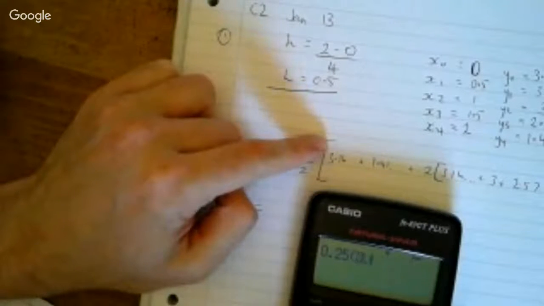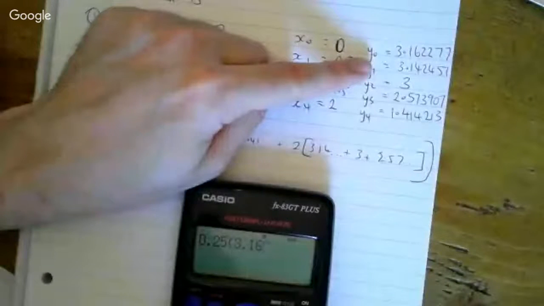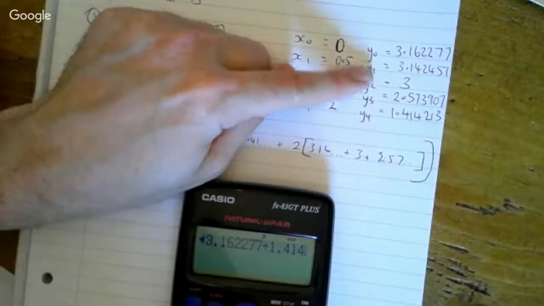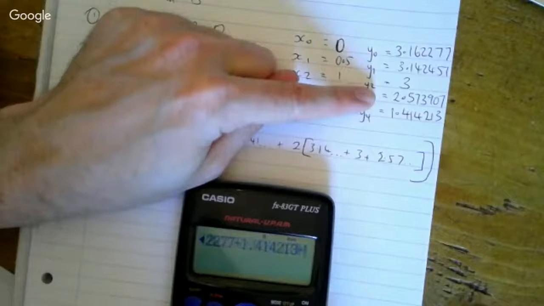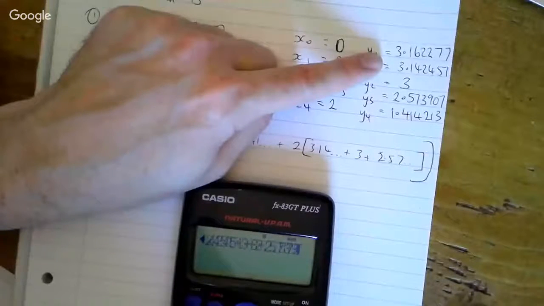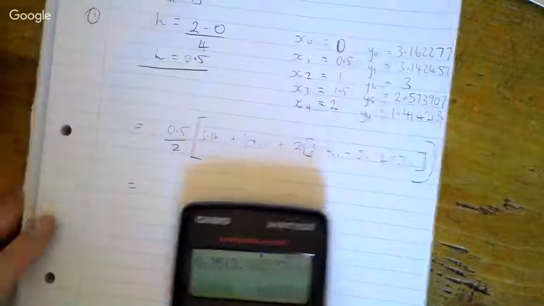And then 3.16, so I need to look up here now, which is, there we go, 3.162277 plus the last term, so 1.414213, plus 2 lots of everything in the middle, so 3.142451 plus 3 plus 2.573907. Close the brackets, press equals, and I get the following answer.